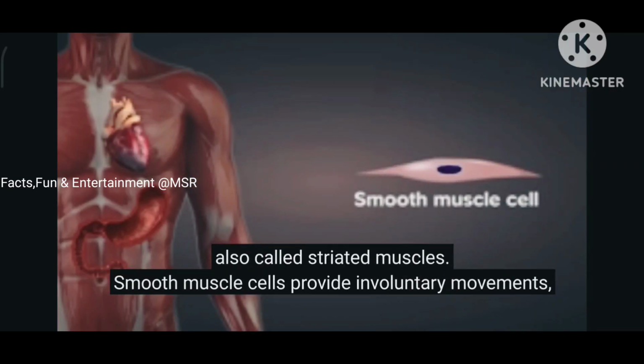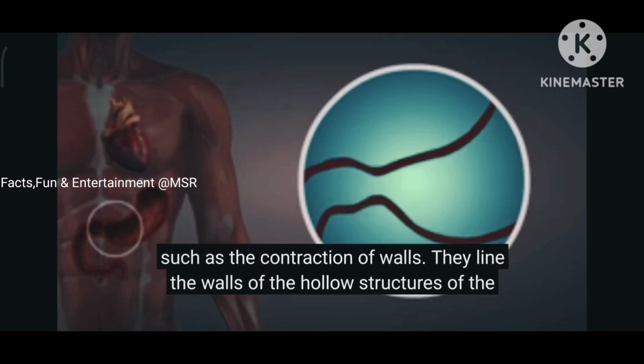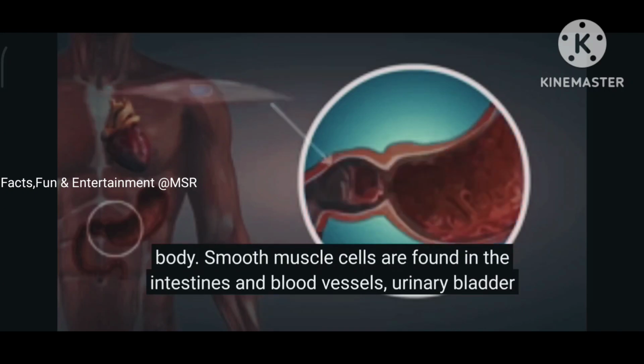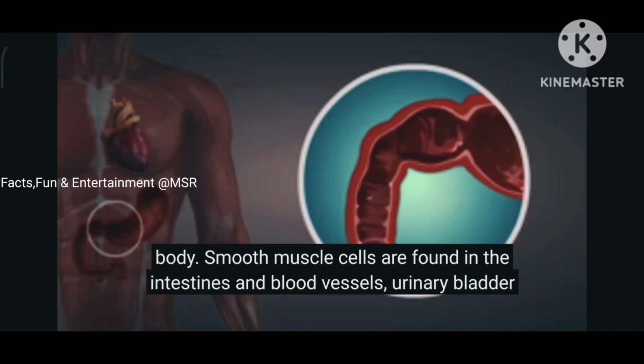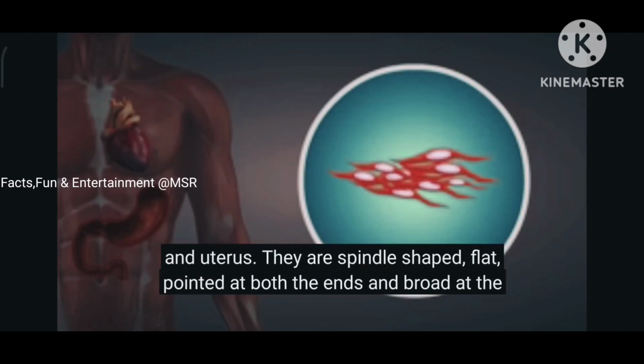Smooth muscle cells provide involuntary movements such as the contraction of walls. They line the walls of the hollow structures of the body. Smooth muscle cells are found in the intestines and blood vessels. They are spindle-shaped, flat, pointed at both the ends and broad at the middle.